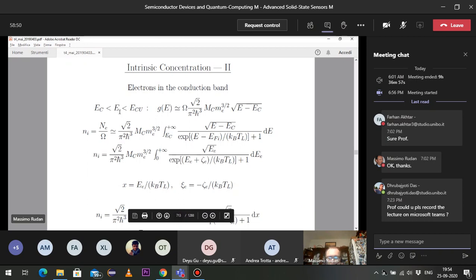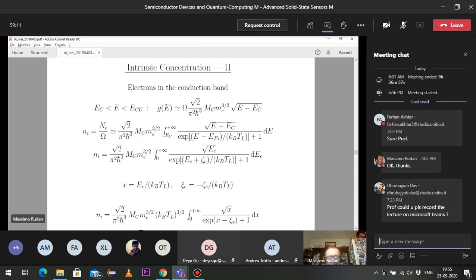We do the calculation first for the electrons in the conduction band. That means that the integration limits are E_C, the lower integration limit, and the upper integration limit is E_CU, that is the upper edge of the conduction band.